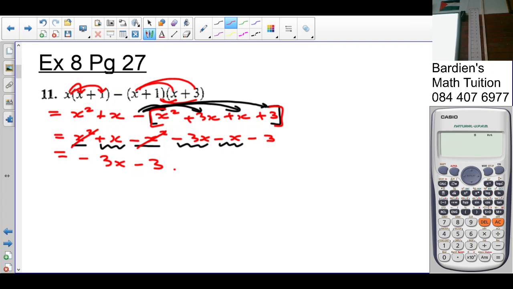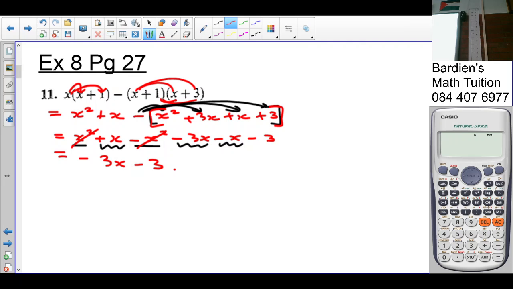Did you have a bracket there? Did you write this bracket in here? Yes, I wrote it separately. How do you mean separately? Read me your first line you have there. x squared plus x minus bracket x plus 1 bracket x plus 3.